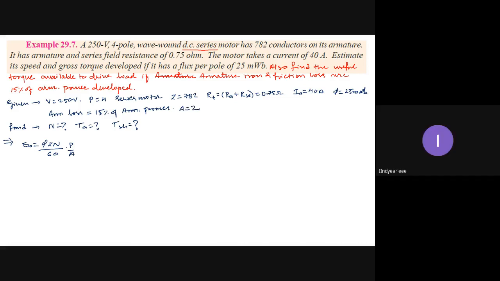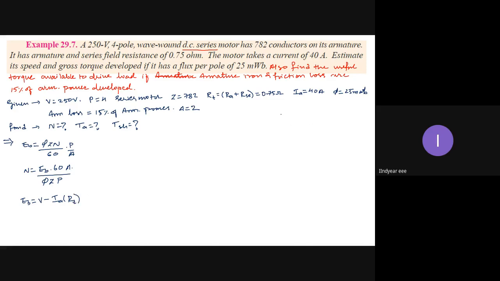Therefore, N is equal to EB into 60A divided by phi ZP. And EB is equal to V minus IA into RT I will take, because it is series motor, right?